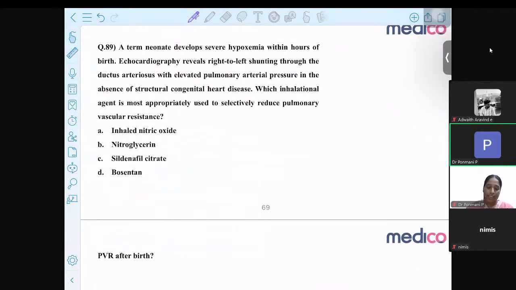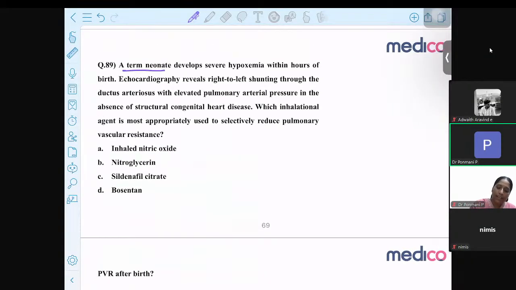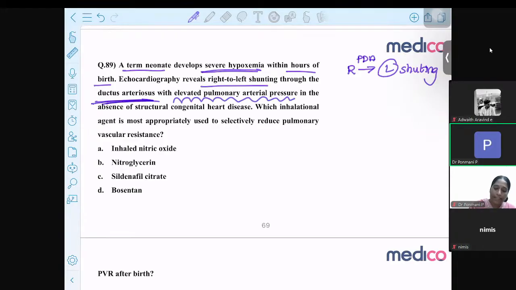Now moving into the next question. A term neonate develops severe hypoxemia within hours of birth, and there is right to left shunting through the patent ductus arteriosus. This is with elevated pulmonary artery pressure. The other thing they have told is there is no structural congenital heart disease.